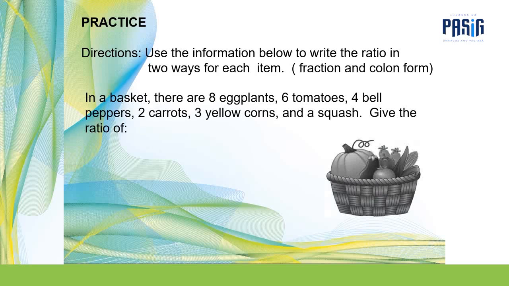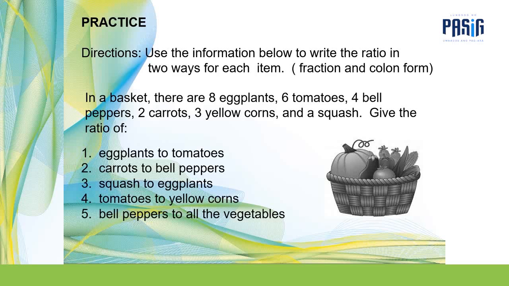In a basket, there are 8 eggplants, 6 tomatoes, 4 bell peppers, 2 carrots, 3 yellow corns, and a squash. Give the ratio of number 1, eggplants to tomatoes, 2, carrots to bell peppers, 3, squash to eggplants, 4, tomatoes to yellow corns, and 5, bell peppers to all the vegetables.